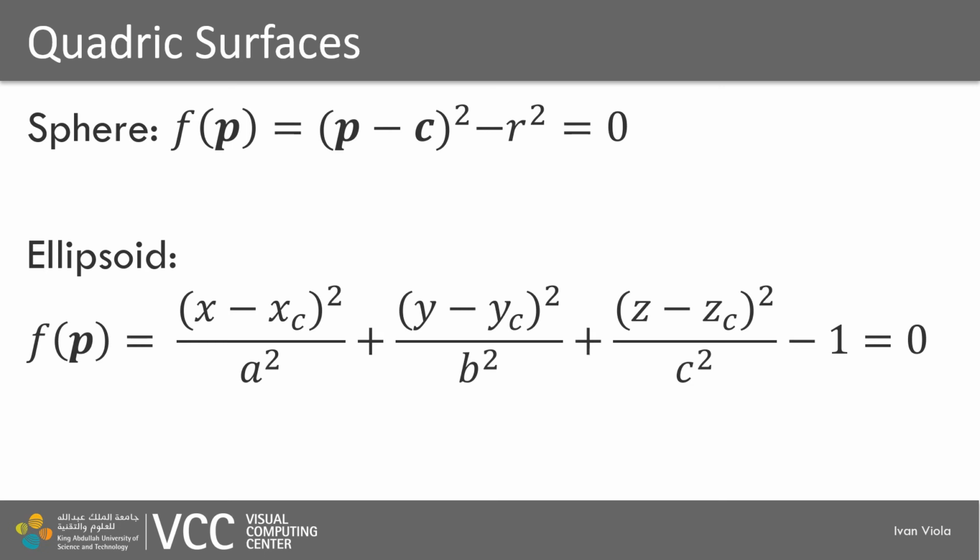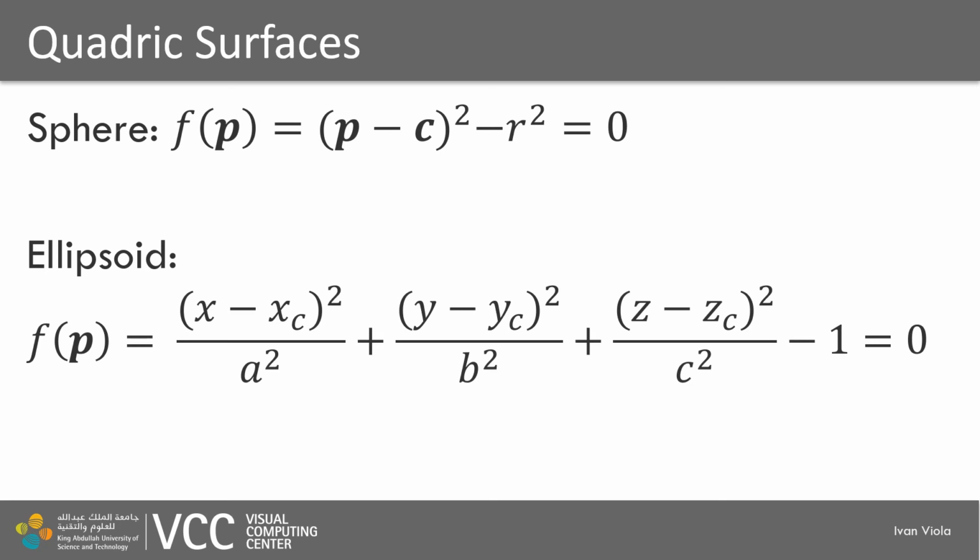If these two distances, in squared form or as square roots, are identical to each other, then the point is on the surface of the sphere, and this functional evaluation will result in 0.